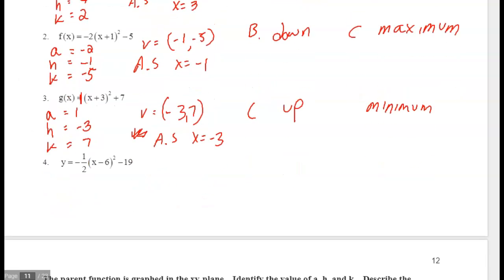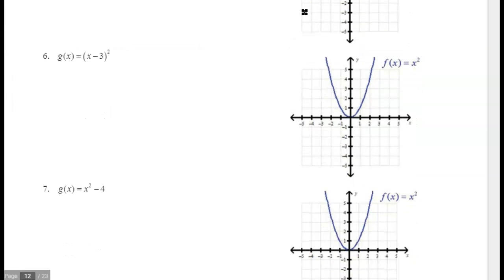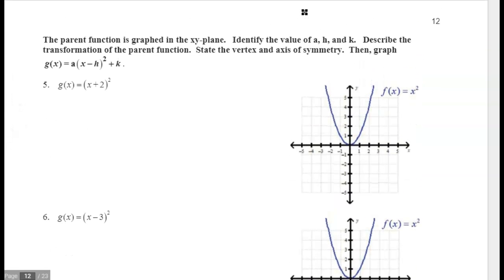The last one here, I want you to identify A, H, and K, describe the transformation, vertex, axis of symmetry, and graph it. So same thing we did before, just a little bit extra. There is no K on this one, so we just have our x plus 2.